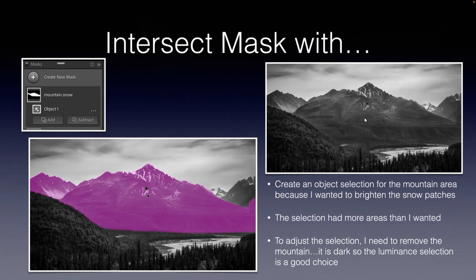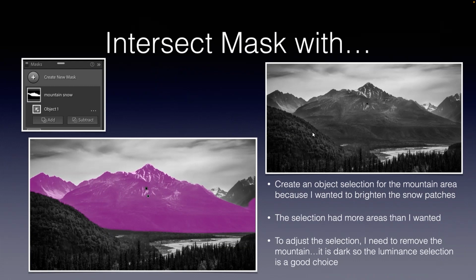Because if I were just to select it and simply lighten everything, then the darks are going to get lighter along with the snow, and that's not going to look good. So how can I just select the snow? Well, my first thought is if I pick out the mountain as a whole and then get rid of the dark part.